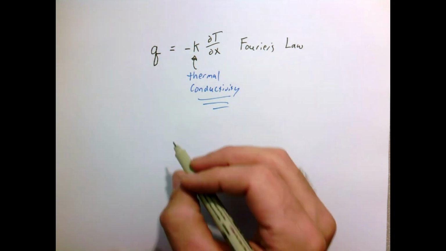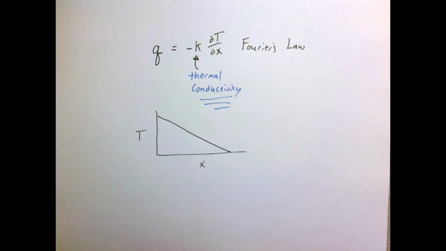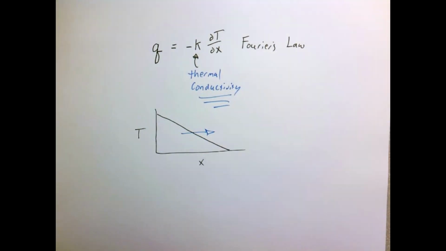So if we have a temperature field, T, which goes from hot to cold and looks something like that, this law tells us that the heat flow is going in that direction, and it tells us that the magnitude of the heat flow is proportional to the temperature gradient.